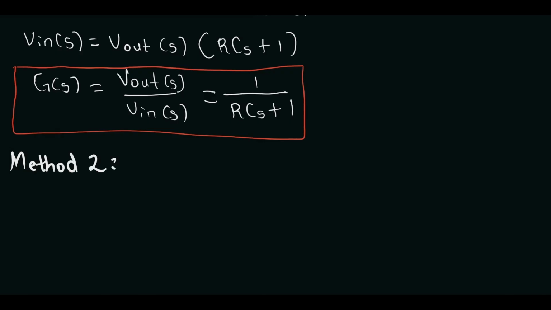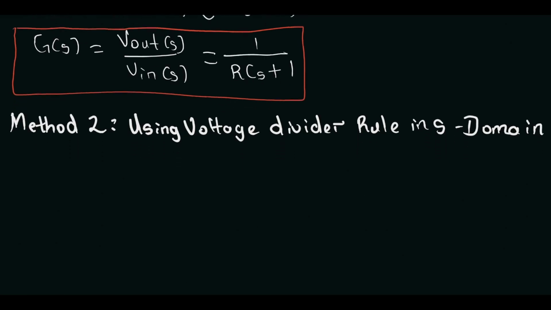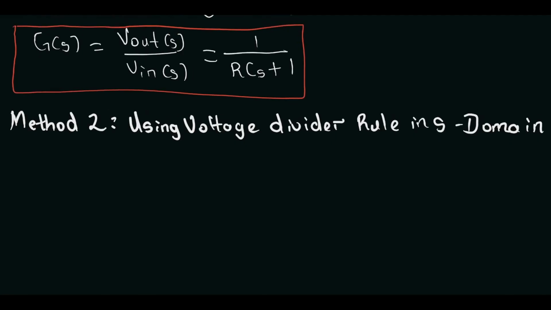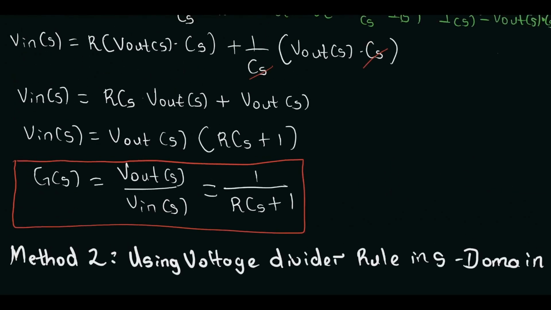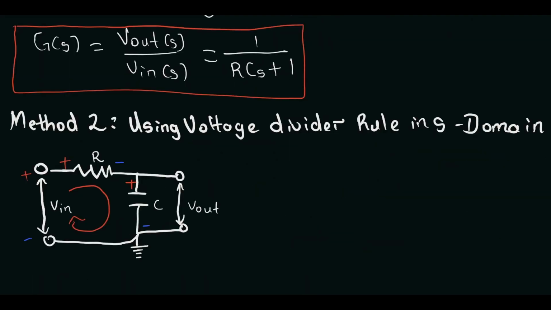and that's the voltage divider rule. We know the formula for our voltage divider rule is V out. Let me paste the circuits so that we can see it. For voltage divider, your V out of S will be equal to your V in of S multiplied by your output impedance over your total impedance.